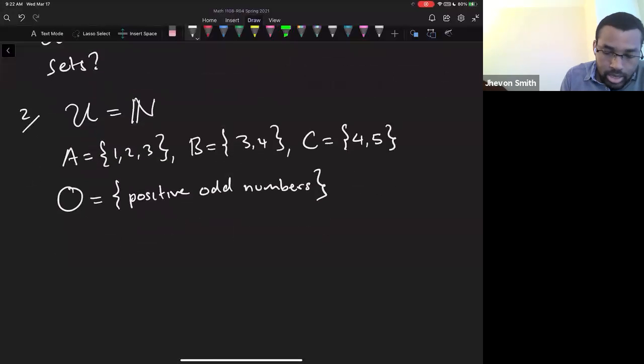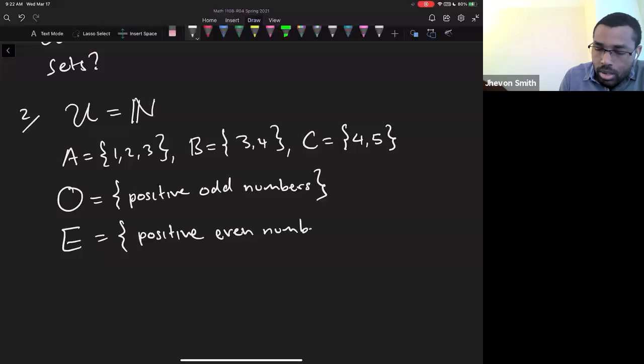And my set E is the set of all positive even numbers. All right, so hopefully you know what that is. 1, 3, 5, 7, 2, 4, 6, 8.